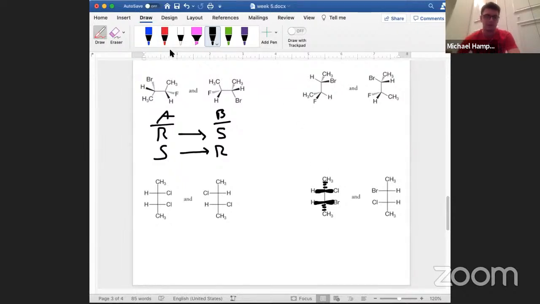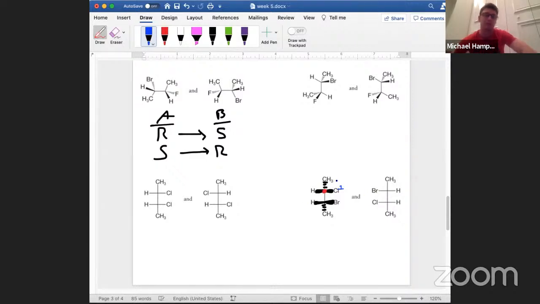So now prioritize. Given this one here, I'll do in red, that chiral center, what's our first priority? First priority coming off of that red carbon. Let's see.